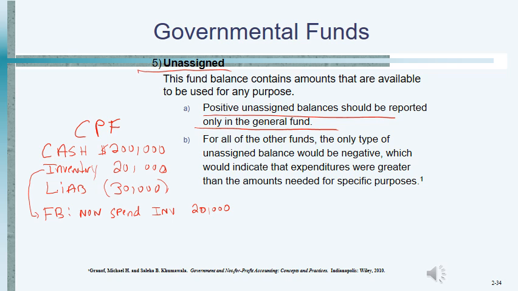Okay. Then what? Then we will have a restricted fund balance, and that's going to be what? This 200,000 cash, right? Then what? Then we're going to have an unassigned fund balance.